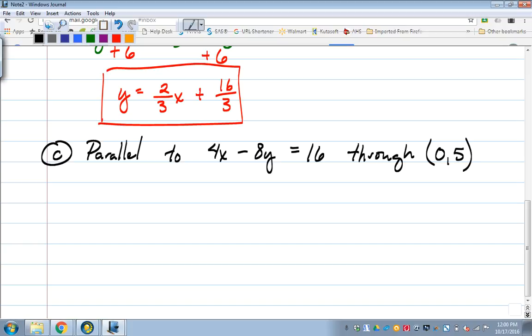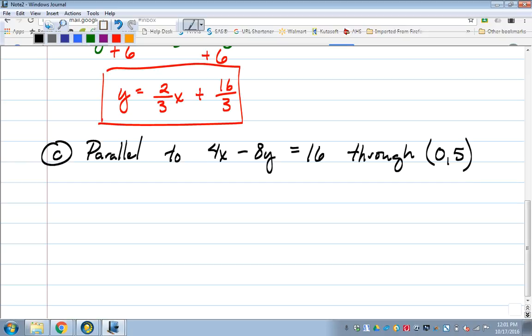Through 0, 5. What's different about this problem than the others? Y is not by itself. Y is not by itself. So that means 4 is not the what? It's not the slope. What do we have to do to that to get the slope?